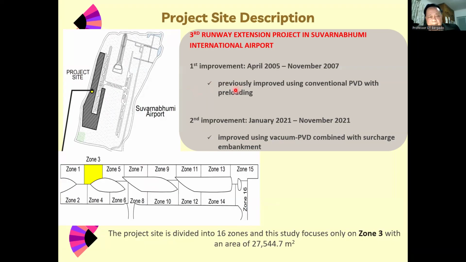And this area at the north part of the third runway had a first improvement in 2007, but that one was not enough. Using conventional PBD, the maximum surcharge pressure goes only up to 80, 85 kPa. So the second improvement was done in 2021 using vacuum PBD.